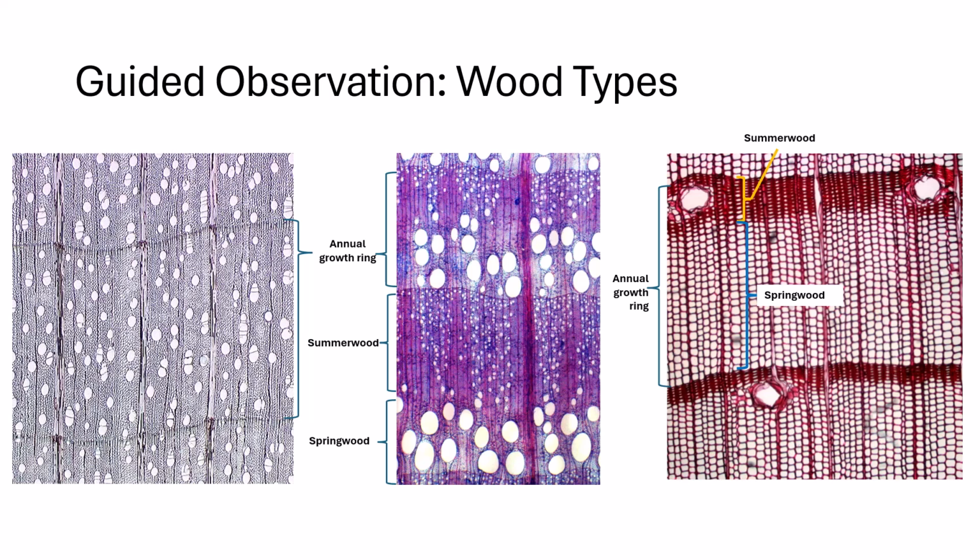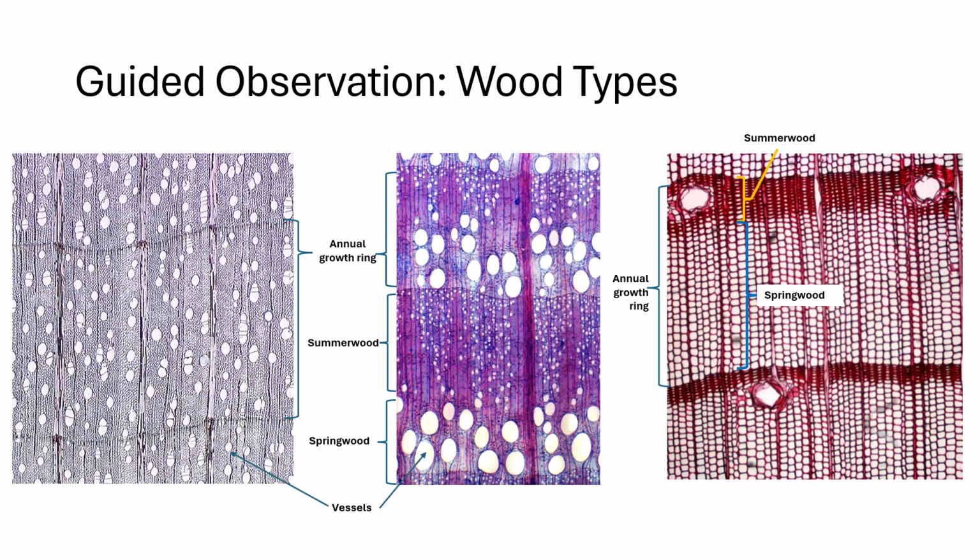Spring wood is formed earlier in the growing season and usually looks lighter or more open because the cells are larger or have thinner walls. Summer wood forms later and usually looks darker or denser because the cells are smaller or have thicker walls. For diffuse porous wood, it is hard to distinguish between spring and summer wood.